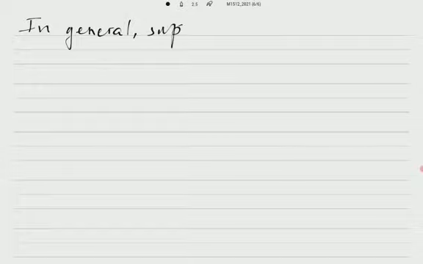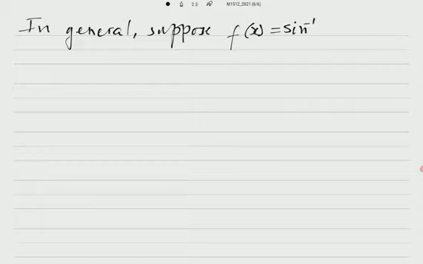In general, suppose f of x is given by sine inverse of g of x, for argument's sake.